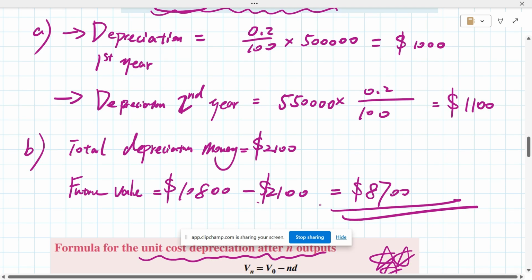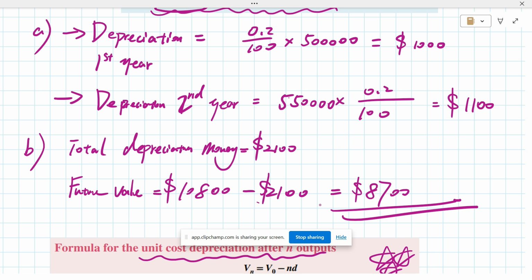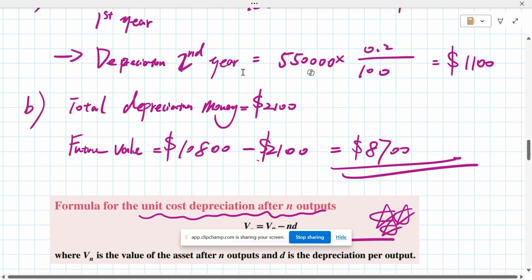Then the final value is the initial money minus the total depreciation, which will be $8,700. That's doing it manually, but you can use a calculator all the time. You're probably going to use a lot of calculator rather than just handwriting it.